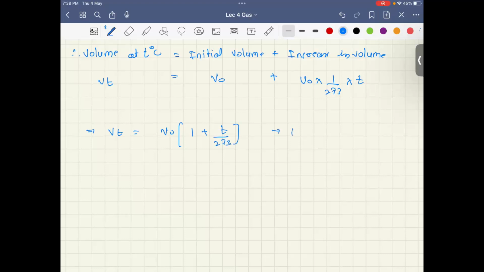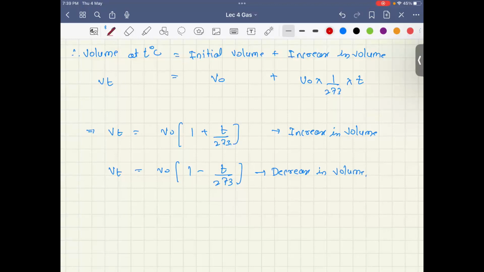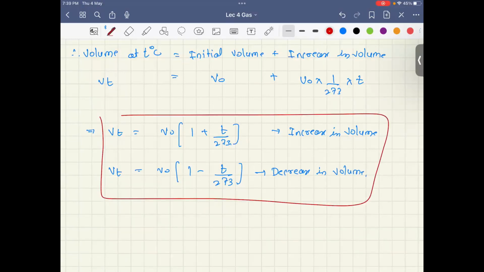This is the increase. In case of decrease, Vt is equal to V0 into 1 minus T by 273, right? This is decrease in volume.